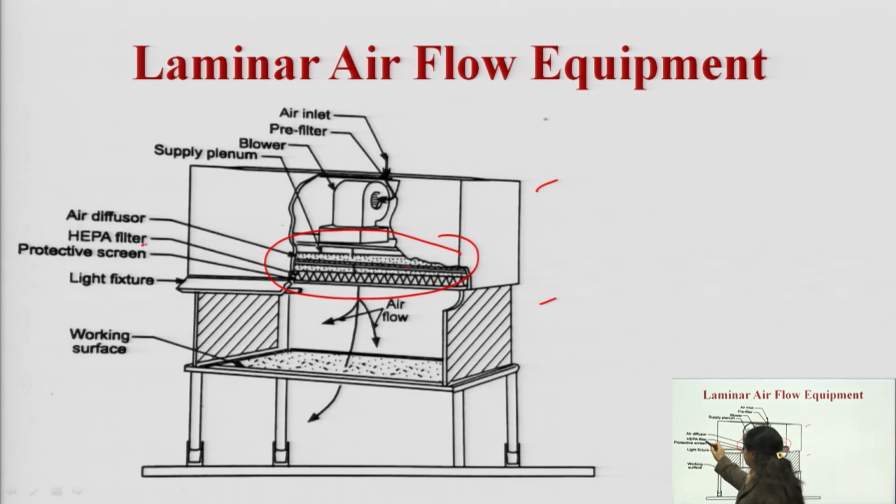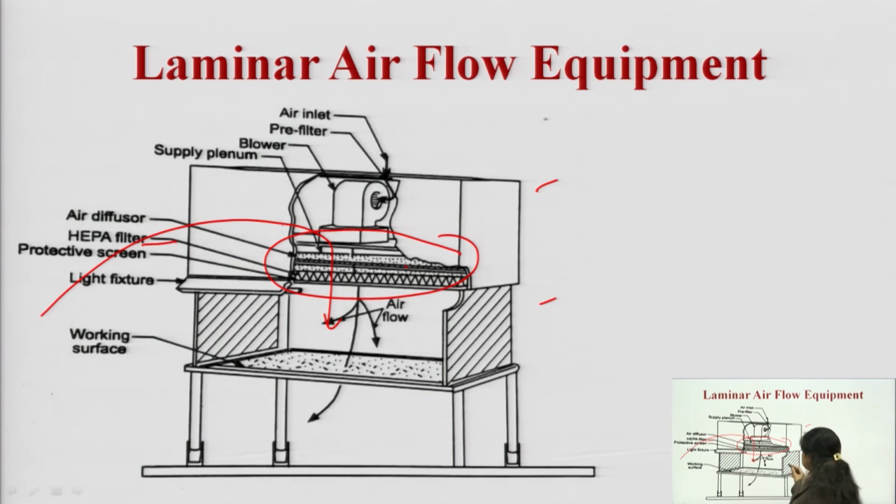So these HEPA filters are always there, either placed vertically or horizontally. The air will move from outside towards the HEPA filters, and then towards the bench on which we need to work and prepare our preparations.